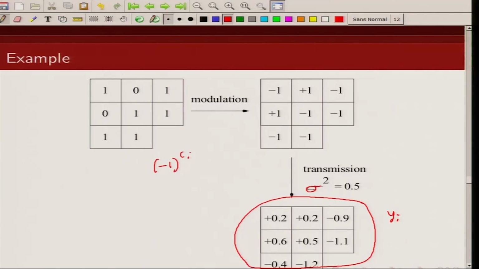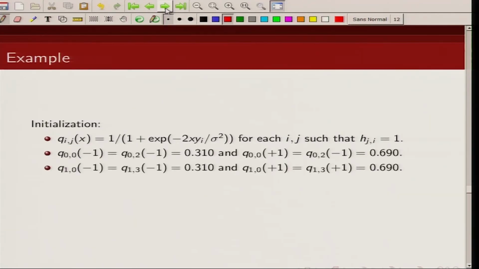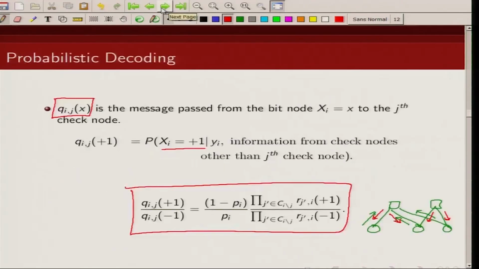Okay. Now, what is the first step? I will take these Yi's and compute my initial Pi's and Qi's. I am going to first compute my initial Qi's, and that is basically given by this expression. Now, again, pay a little attention to what Qij is. Qij is the message passed from the ith bit to the jth parity check constraint.